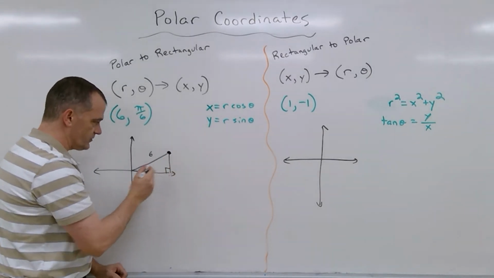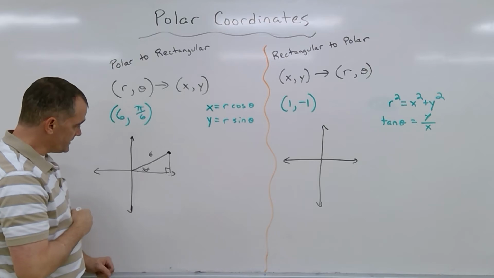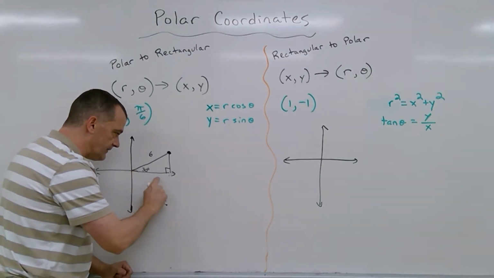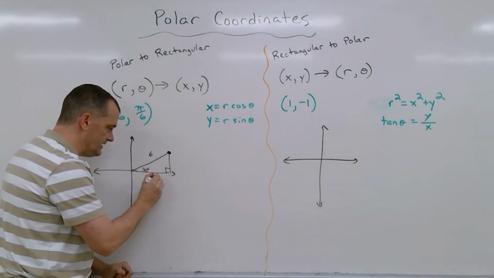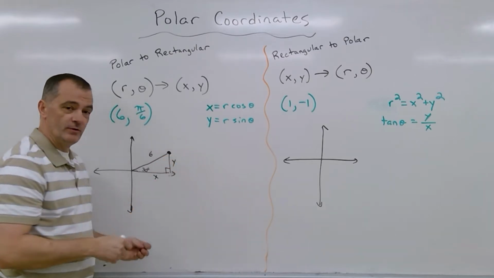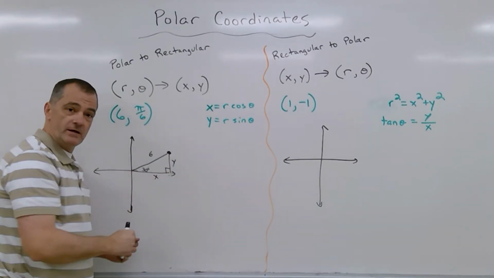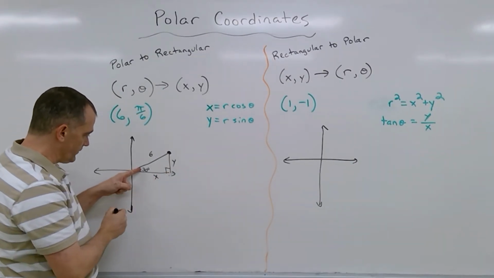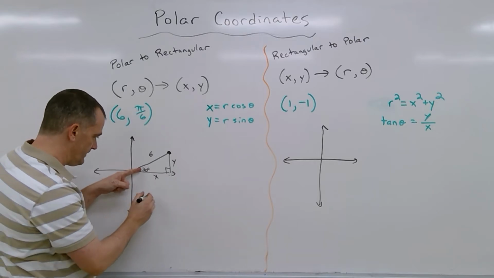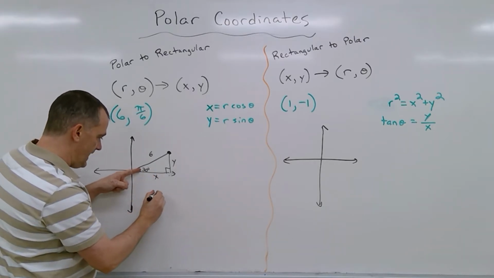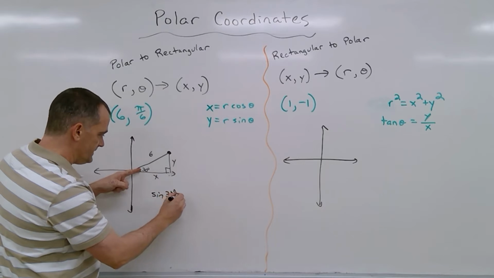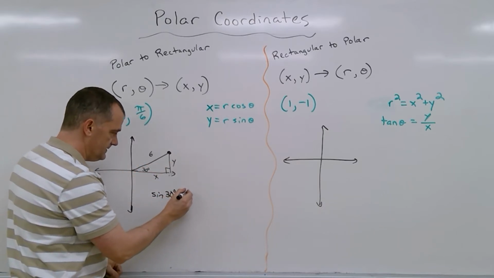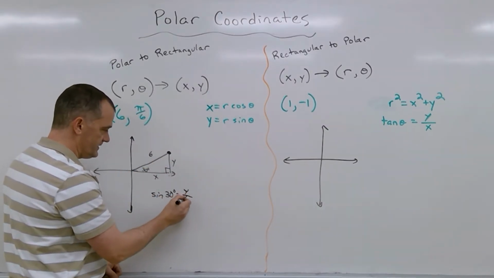We just go ahead and draw our triangle. And then we look at this and go, I really like to find out what this x value is here and what this y value is, and I've got it. So this is a right triangle. So let me put my finger on 30 degrees right there. So the sine of 30 degrees is equal to opposite, y, over 6.